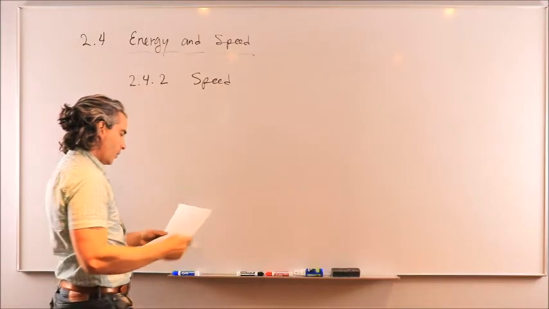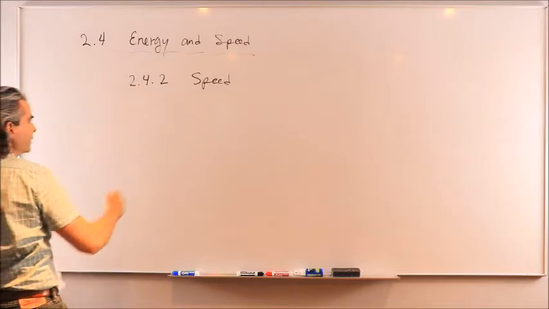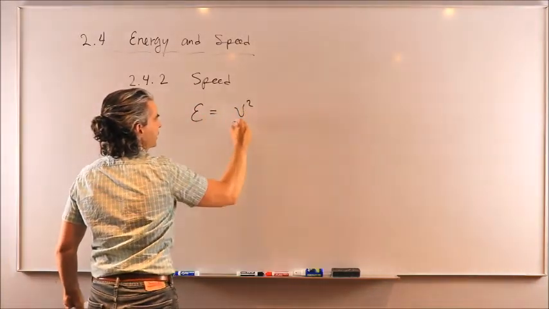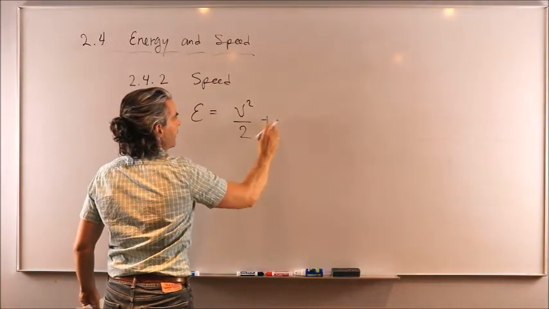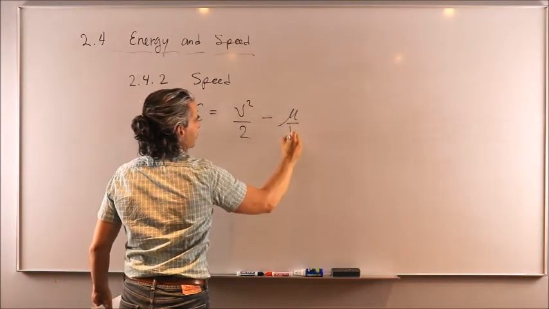Okay, well, let's go back to our first expression for the orbital energy we had, and that was this equals specific kinetic energy, and then the gravitational energy contribution there.